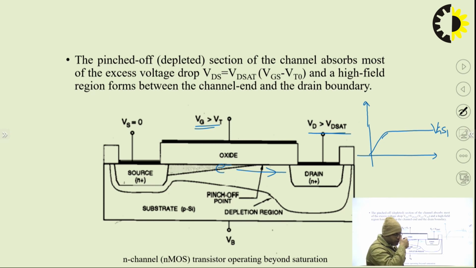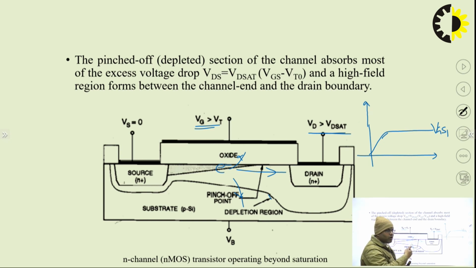So we do not increase VDS beyond VD saturation, because then the electrons moving with high kinetic energy can go inside the oxide, or inside the substrate, or anywhere, because VDS no longer controls the movement of electrons.